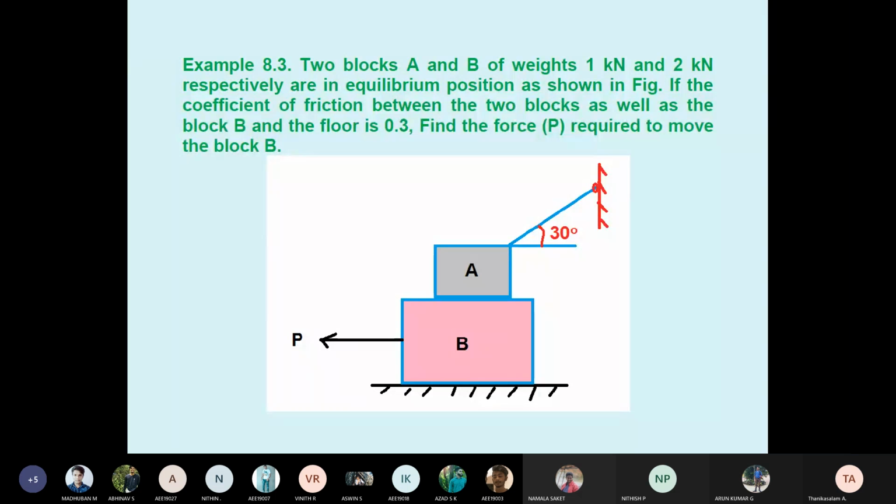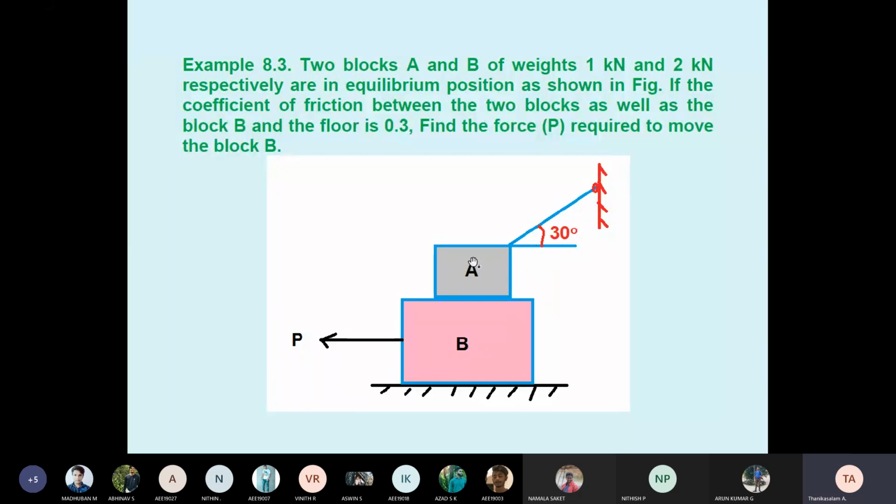Now see here, block A is connected by a rope, therefore there is tension. Students, in the diagram it is mentioned as 30 degrees. And on block B the force P is applied, on the left side. Whenever bodies are in contact, friction develops.